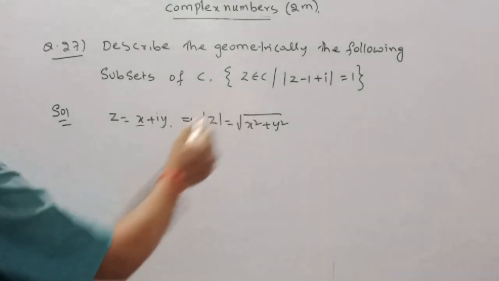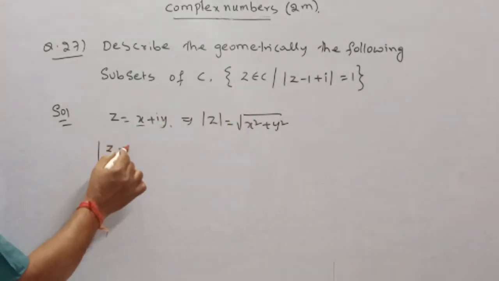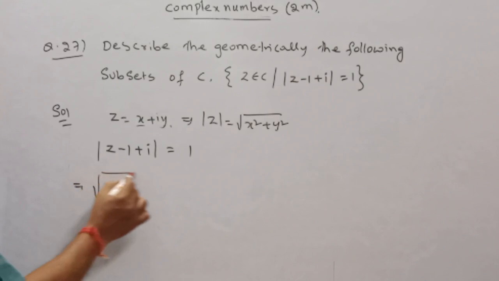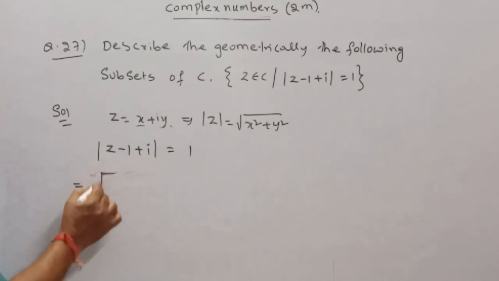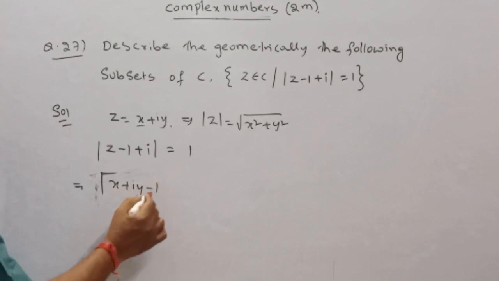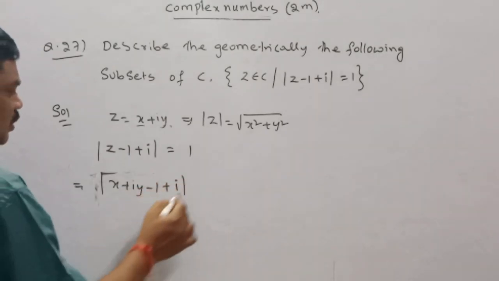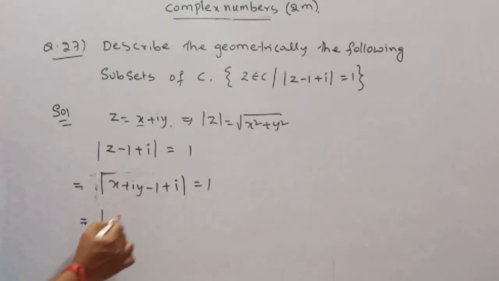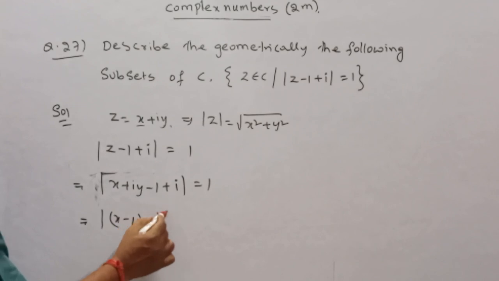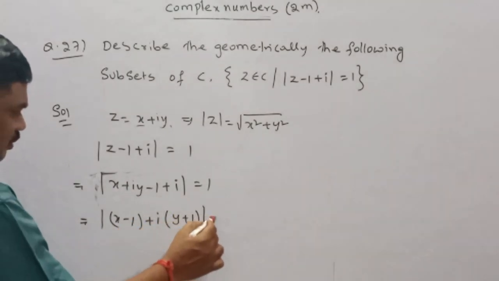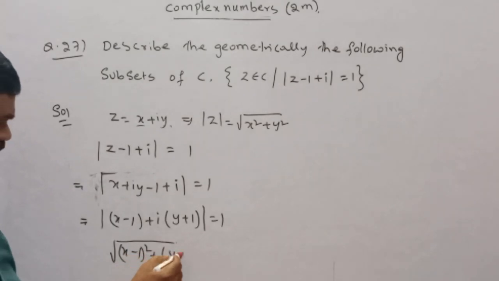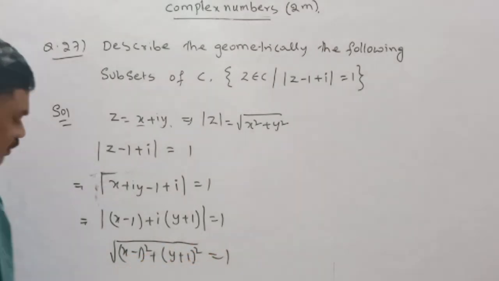So we have |z - 1 + i| = 1. This can be written as |x + iy - 1 + i| = 1, that is |(x - 1) + i(y + 1)| = 1. So √((x - 1)² + (y + 1)²) = 1.